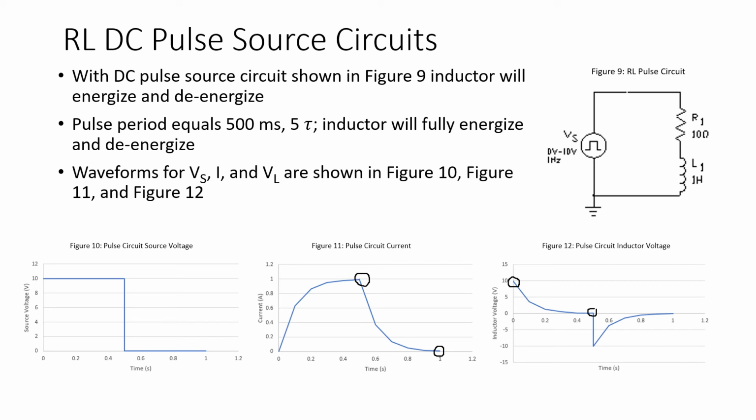The instant that the pulse source goes to 0 volts, a voltage is induced to try to keep 1 amp of current flowing. So the inductor voltage here is negative 10 volts, and through a period of 5 time constants, the inductor voltage goes to 0 volts.